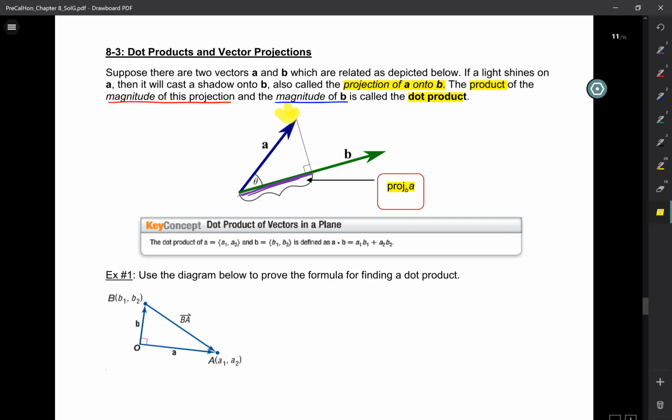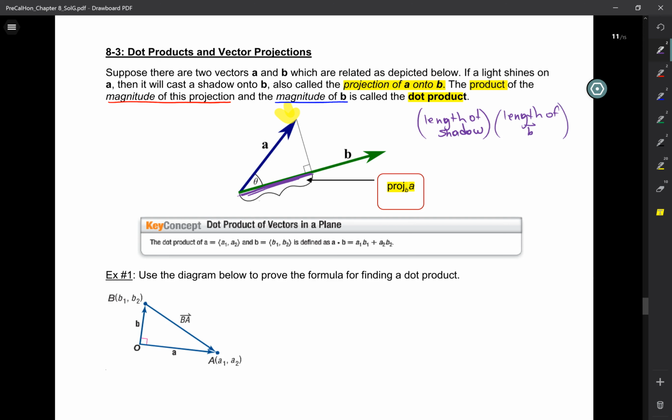So here's a question for you then. If to find the dot product, we multiply the length of the shadow, or the projection, times the length of vector B, to get the dot product.